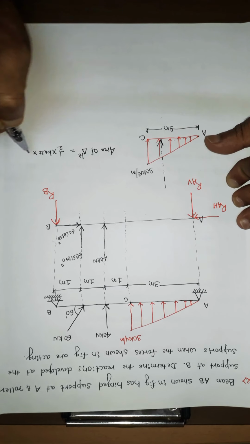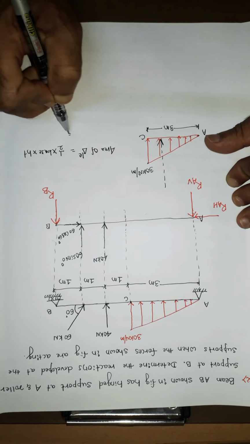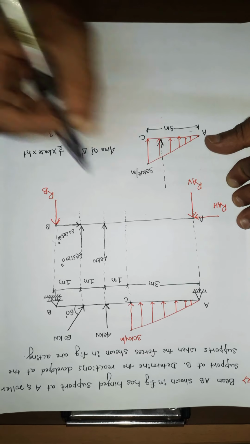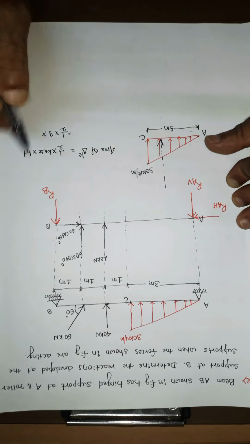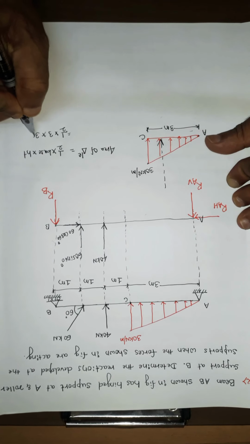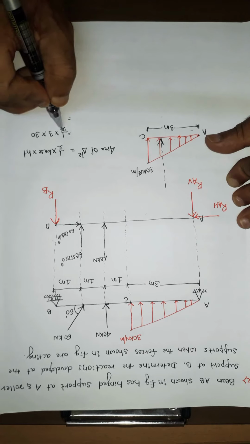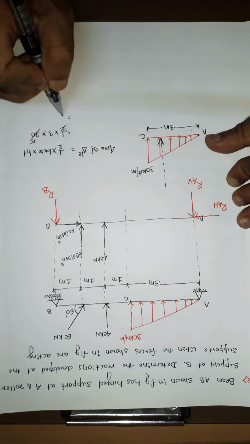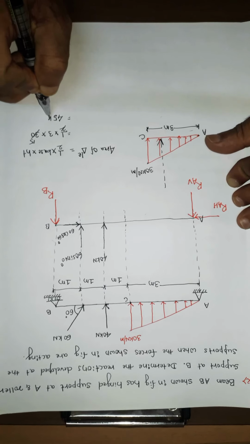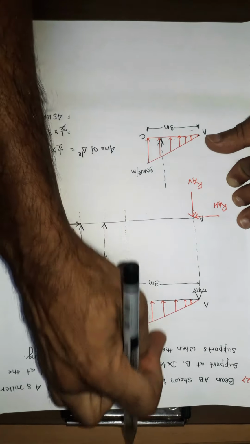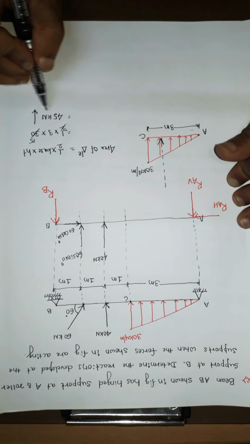Half into base 3 meter, and the height is the maximum intensity, that is 30. So half of 30 is 15, and 15 threes are 45. So 45 kilonewton is the point load, acting downwards.